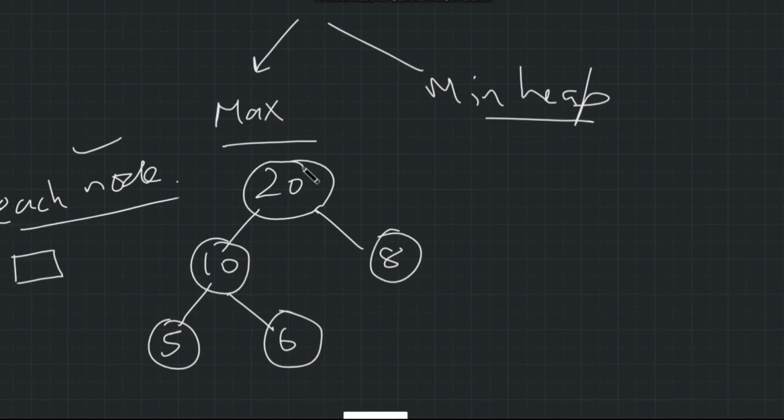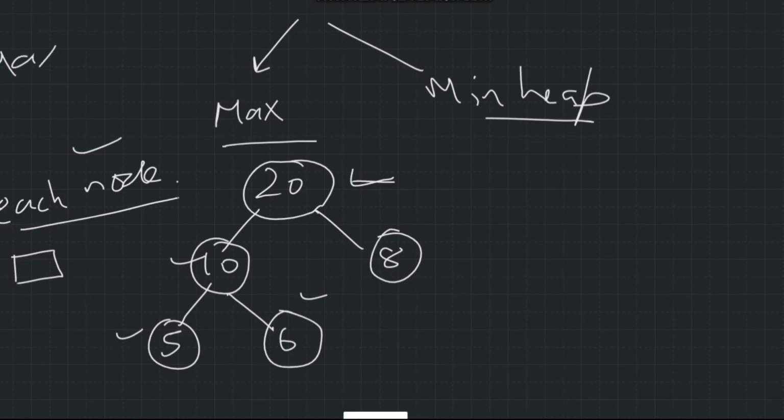Suppose this is a heap and we need to check whether it's a max heap or not. 20 is there, and the descendant values are 10, 8, 5 and 6. Yes, 20 is the largest value, so it's on top. Next comes 10, which is the largest compared with 5 and 6. So yes, it's okay. Now 5 and 6 have no descendants, so they are part of this max heap. So this is an example of a max heap.